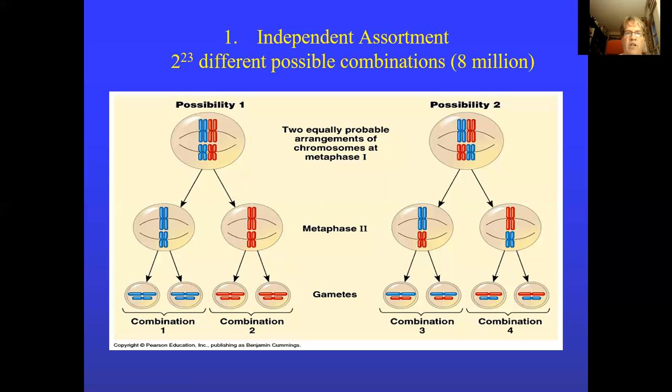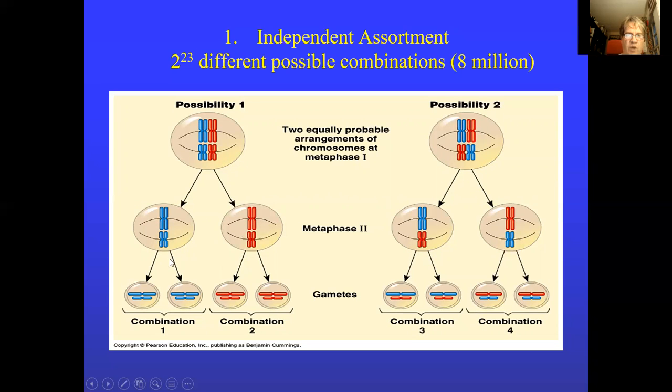For example, independent assortment of chromosomes results in lots of genetic variation. If you have paternal and maternal chromosome sets, even if a cell only has an N of 2, which is what this one does, during meiosis 1 you get a cell that might have this combination of chromosomes, just paternal on this side and maternal on this side.